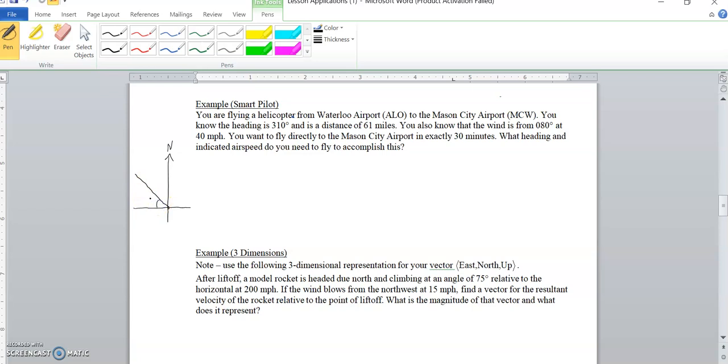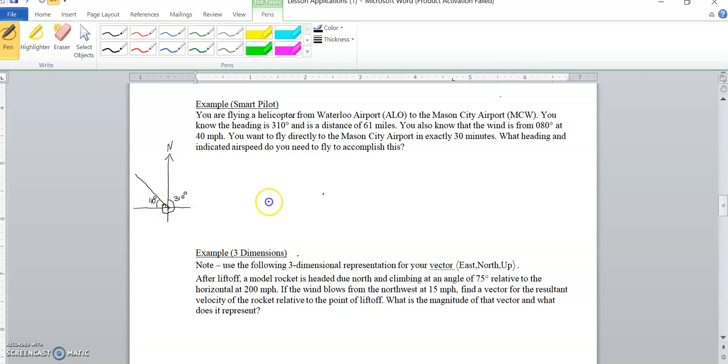So this is 40 degrees from the 270. If we went all the way around from north to here, that's 310 degrees, sorry. And this 40 degrees is going to come in handy here in a minute.